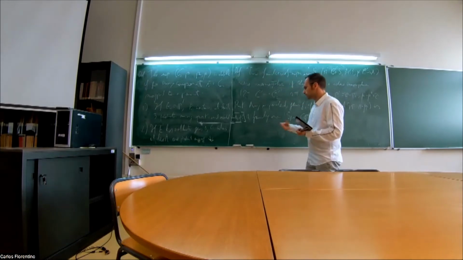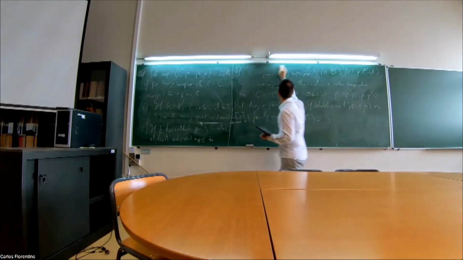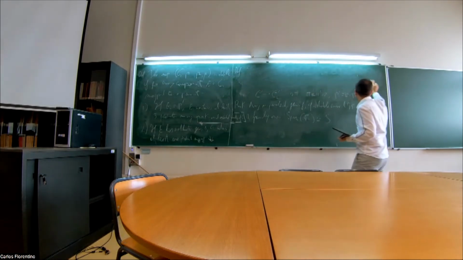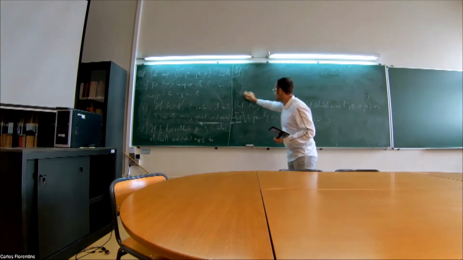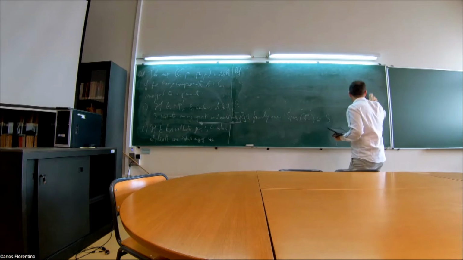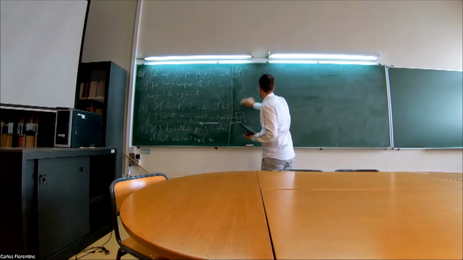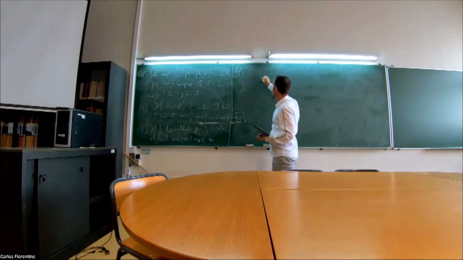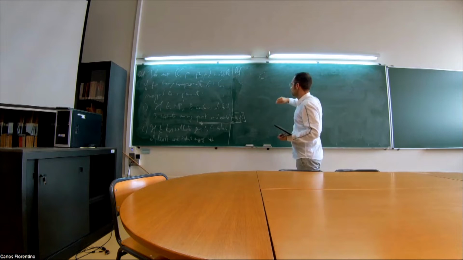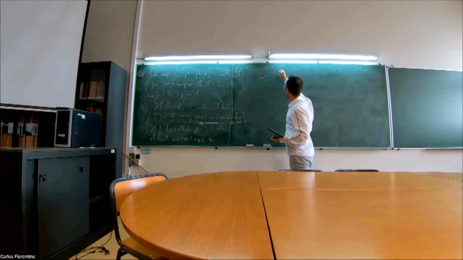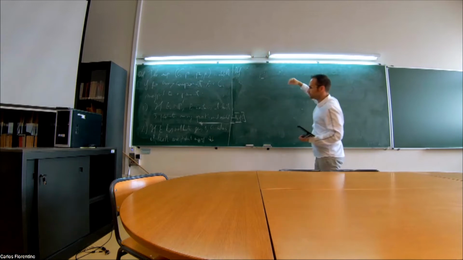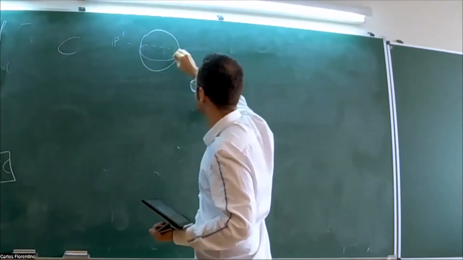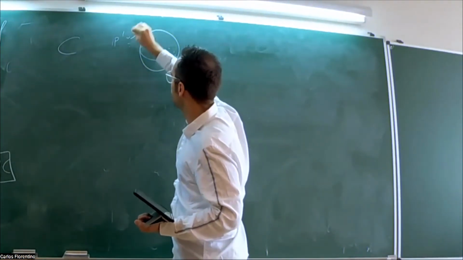So maybe it's better to give a geometric example of what this definition means. Imagine we have a curve C. C can be P1, topologically S2, diffeomorphic to S2.